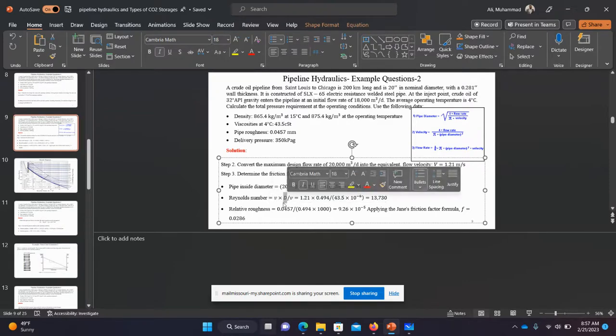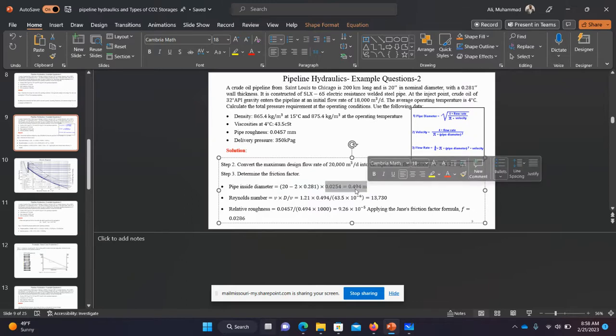Then we have the inside diameter. The outside diameter is given, the wall thickness is given, and based on the outside diameter, the wall thickness and the conversion factor, we find the pipe inside diameter, which is 0.494 meters. After that we find the Reynolds number.